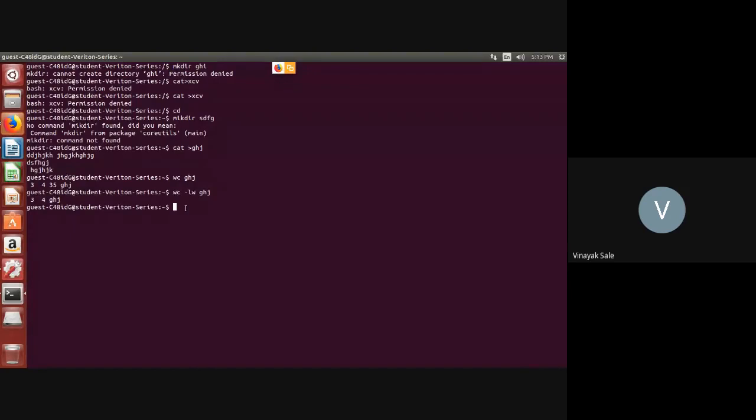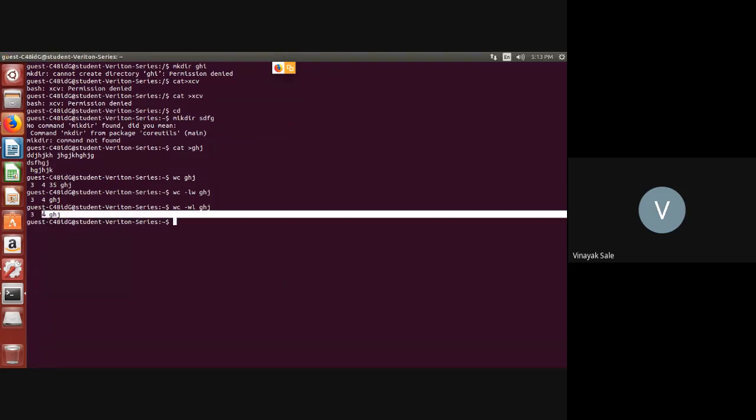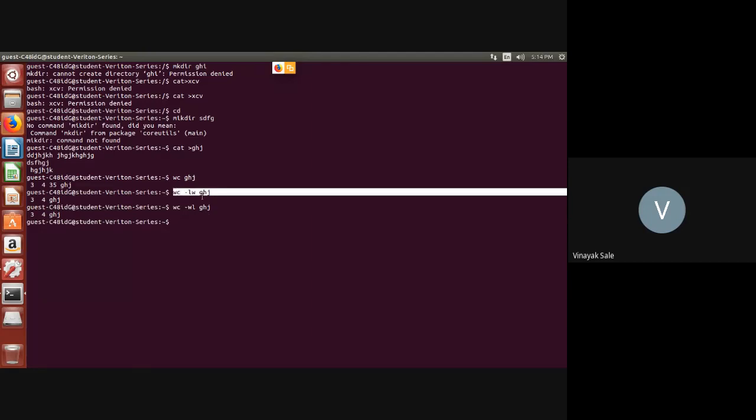Suppose someone has written wc space minus wl, then what happens? Previously you had written wc minus lw.